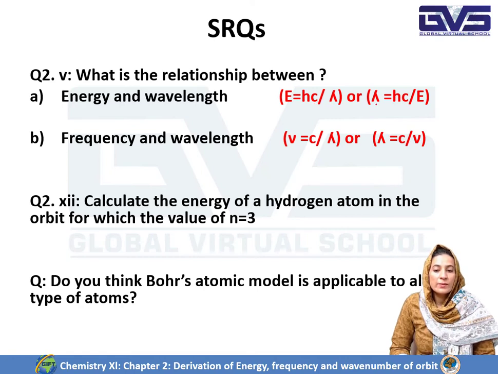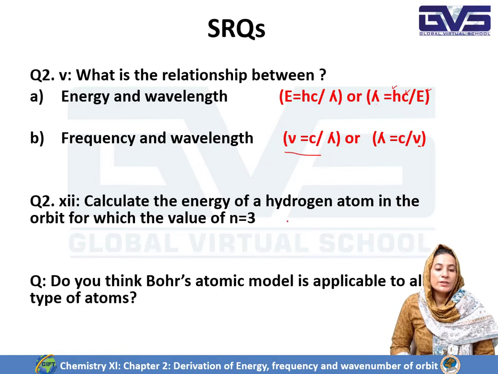Keeping the wavelength on one side and all the values on the other side, just put in the values of the constants. You can calculate the energy, and even the wavelength. You can also calculate the wavelength from the frequency using nu equals c over lambda. Frequency we have just calculated, divide, and you know c, the velocity of light, so you can calculate the wavelength.